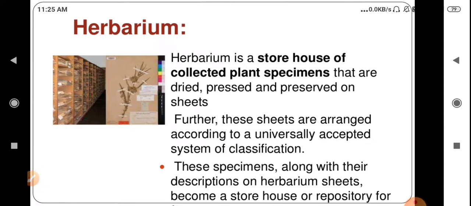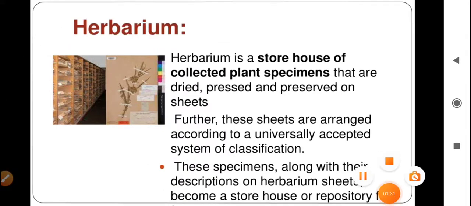Now herbarium is a storehouse of collected plant specimens that are dried, pressed and preserved on sheets. They will take a sheet and the plant specimen, dry it, press it, add some chemical for preservation and put it on the sheet.